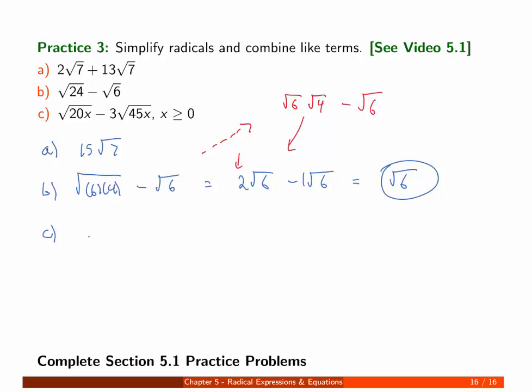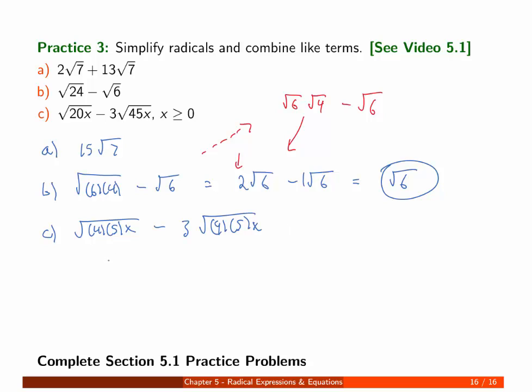This last one, negative root 20x minus 3 times root 45x. You can rewrite 20 as 4 times 5. And yay, there we get our 5x. You can kind of see it because you can rewrite 45 as 9 times 5. Look at that.